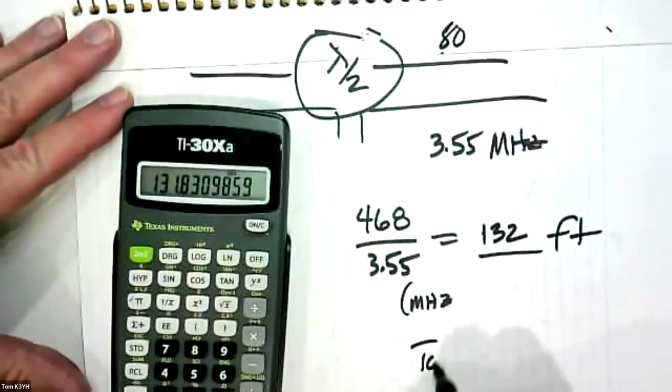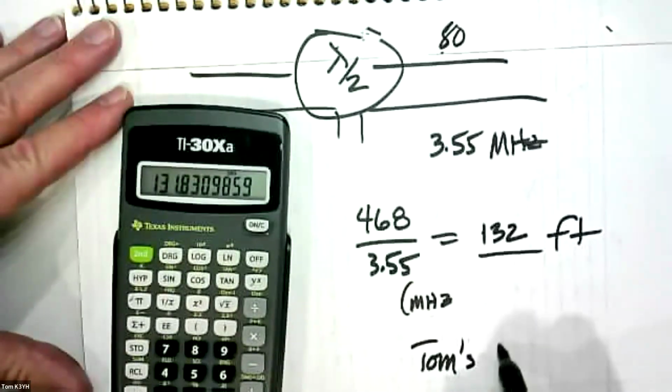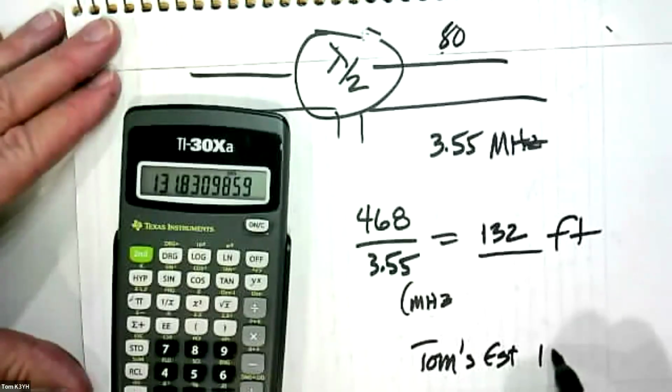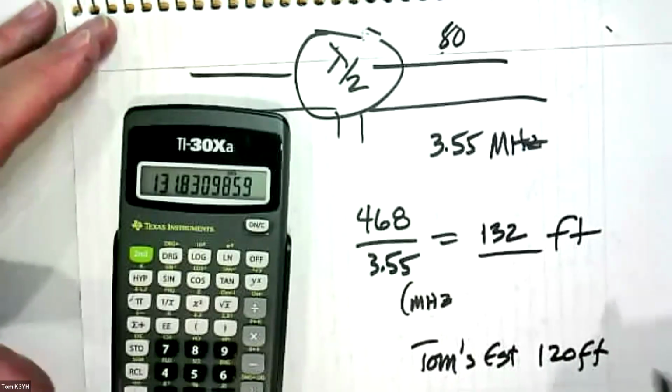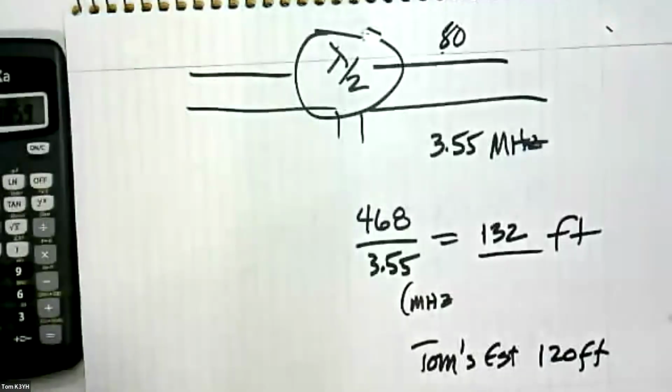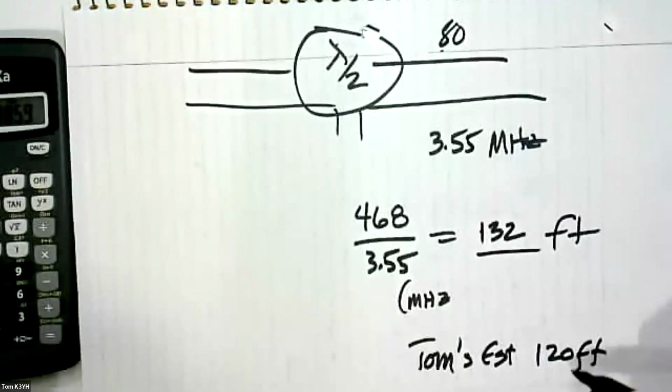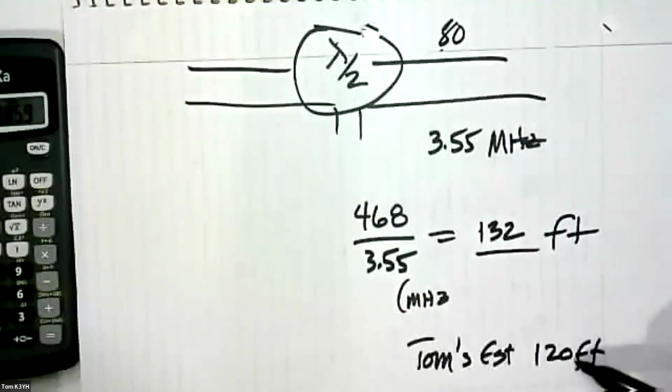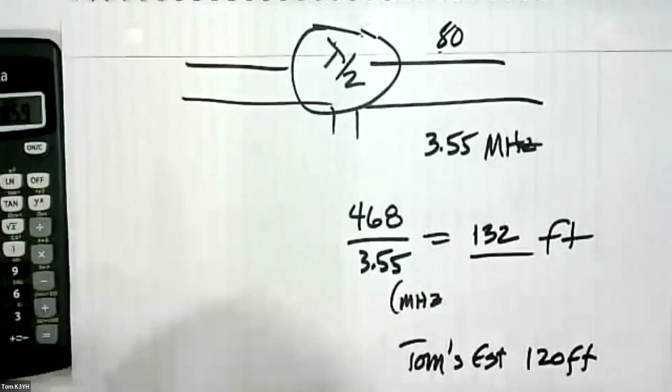So Tom's estimate was 120 feet. So I already knew the answer should be in the neighborhood of 120, a little bit bigger because of the simplification I used. So the actual answer is 132.